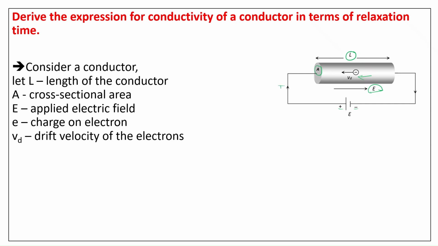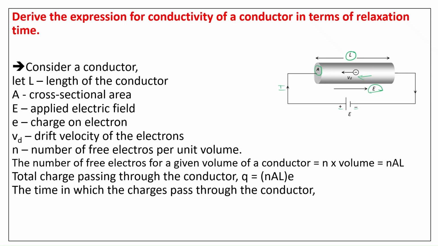n is the number of free electrons per unit volume. The number of free electrons for a given volume of a conductor is equal to n into volume, which is equal to nAL. Total charge passing through the conductor, Q is equal to nALe. The time in which the charges pass through the conductor, t, is equal to L by Vd.